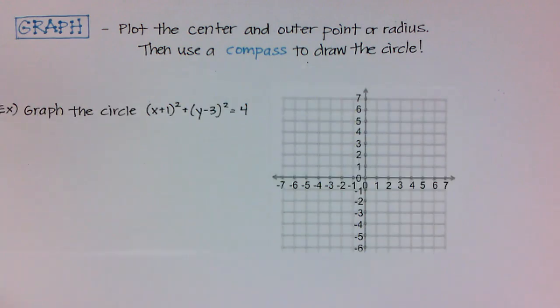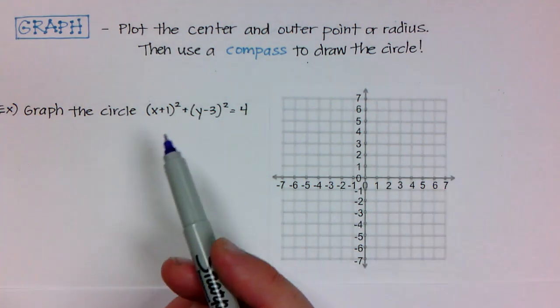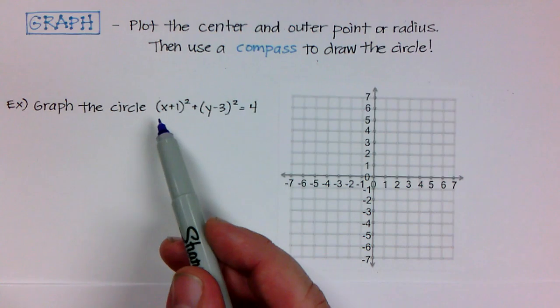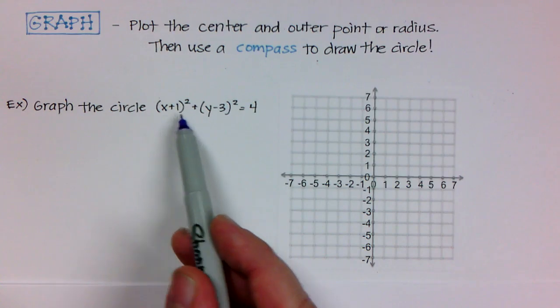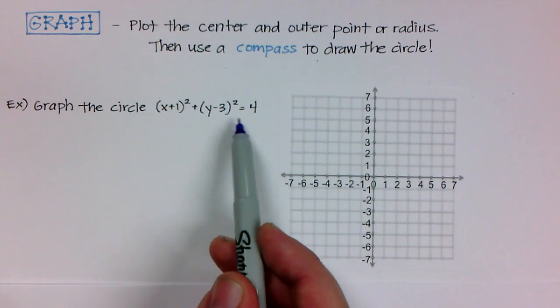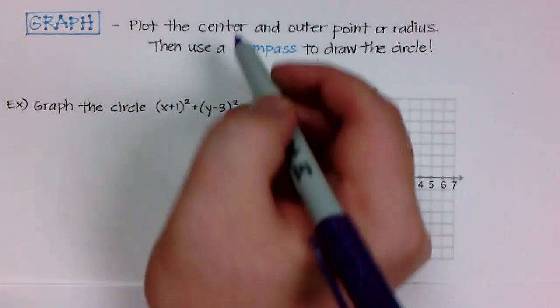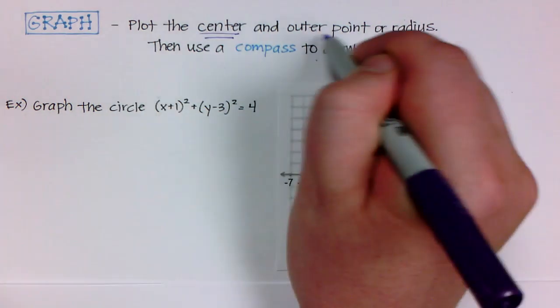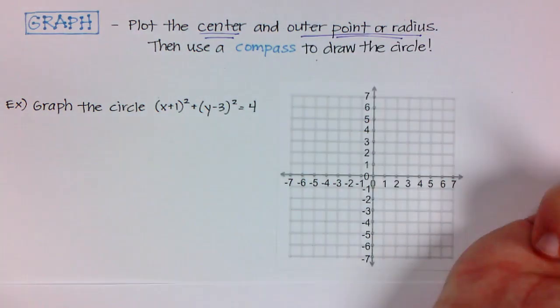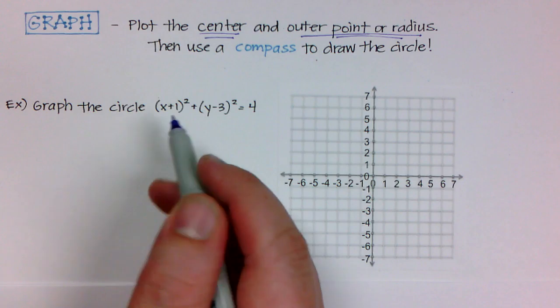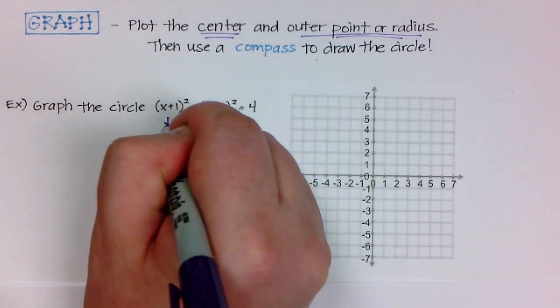I'm not going to draw it exactly with my compass, but I'm going to show you the process. To graph this circle, it says x plus 1 squared plus y minus 3 squared is equal to 4. What I need to figure out, again, is the center and also either the outer point or the radius.